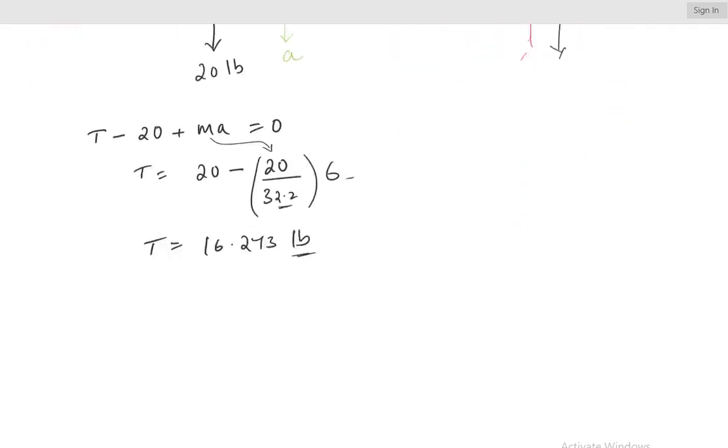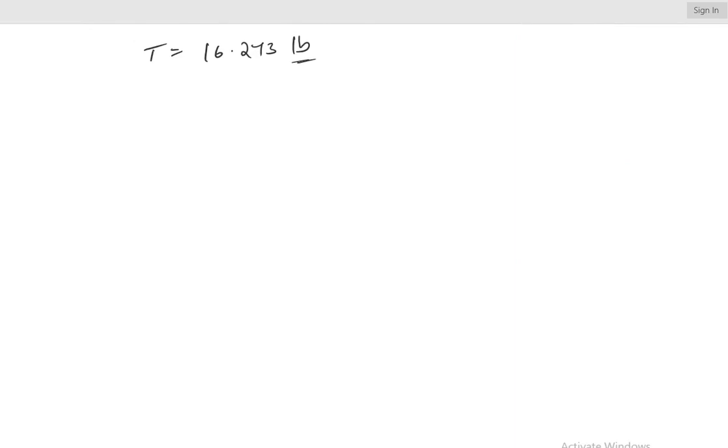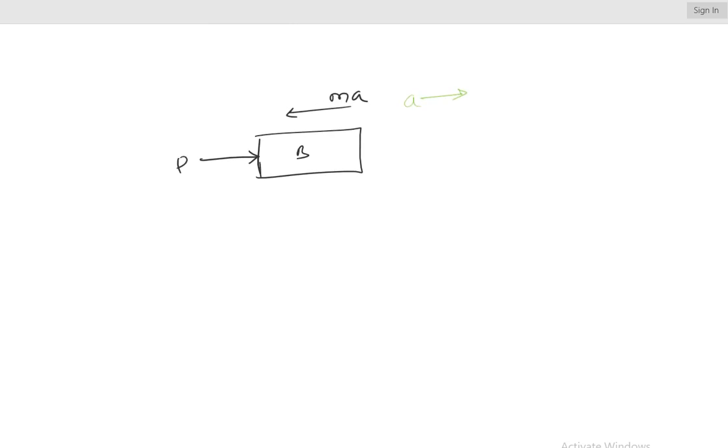Now let's do the free body diagram for the block B. Of course there's an external force P. The body is moving with an acceleration in this direction, so the inertial force MA would be in this direction, right? Now the tension, again going away from the body.